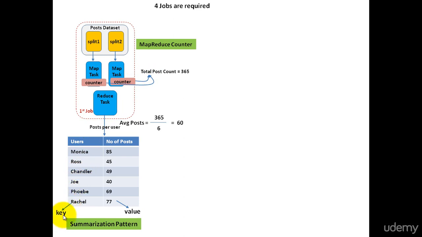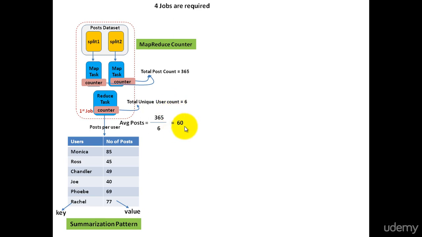Since user ID is the key, the reduce function will be called once for each user. Hence we can define another MapReduce counter in the reducer class. So by incrementing this counter, we will get the total number of unique users. So using counters in the mapper, we will get the total number of posts, and using counters in the reducer, we will get the total number of unique users.